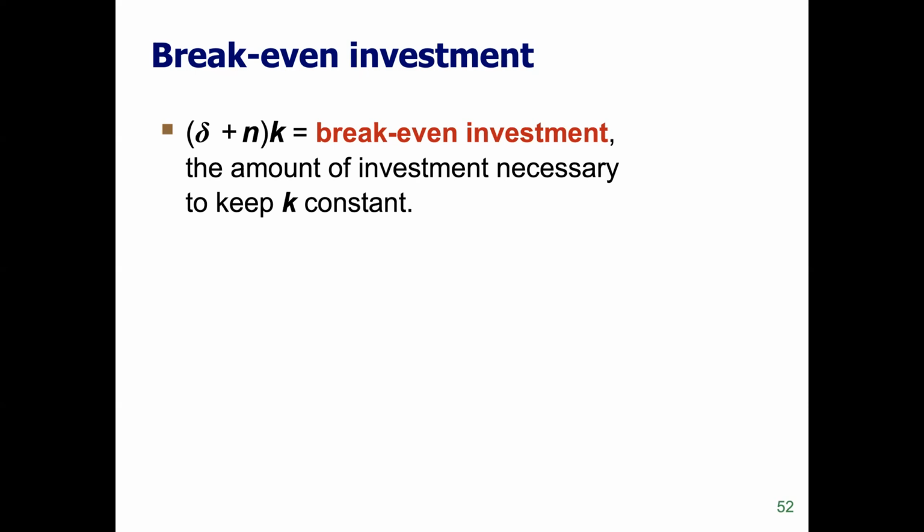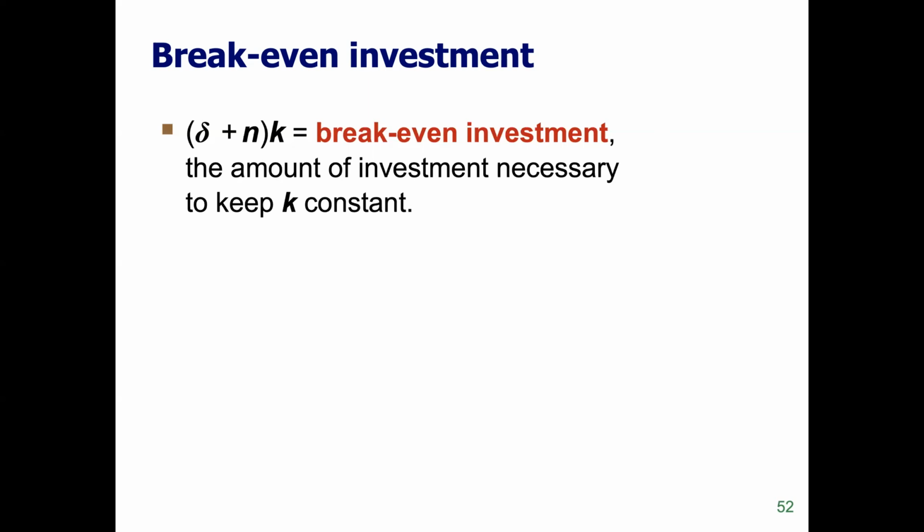So n is going to be the growth rate of workers as well as of overall population. The idea is, you need to not only replace depreciation, but be able to hand new tools to the new workers that are there because of population growth. Otherwise, the number of tools per worker is going to fall behind. So you've got to replace depreciation and you've got to keep up with population growth.